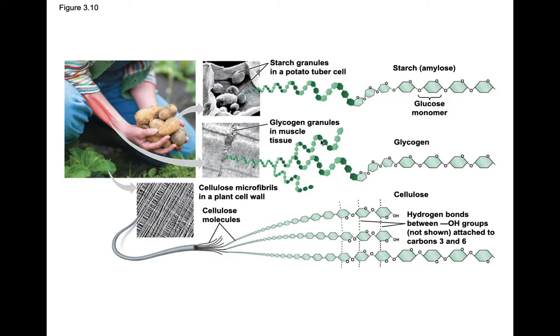While it is a bit more branched and a bit more compact for storage, it's really easy for our body cells to just individually break off these glucose molecules to maybe raise our blood sugar levels if we're in a soccer game or a running race or we haven't eaten for a few hours, to give us quick available energy. However, you'll notice that cellulose is very linear, and it has a different arrangement between those glucose molecules.